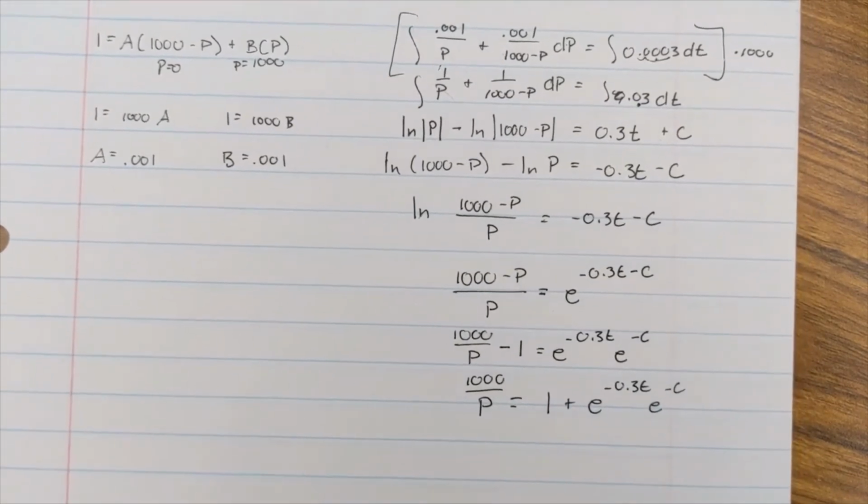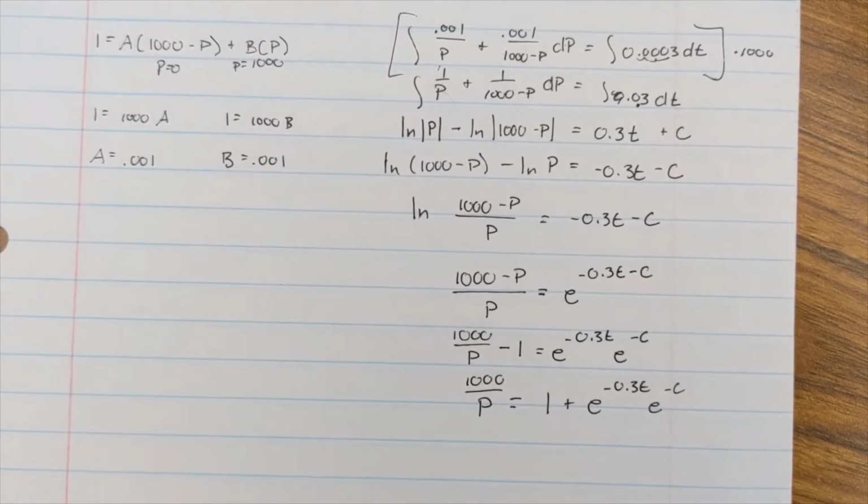So now I can use my initial conditions. It tells me in the problem, let me make sure I got the numbers right, the population is 61 to start with. So T is 0, P is 61.